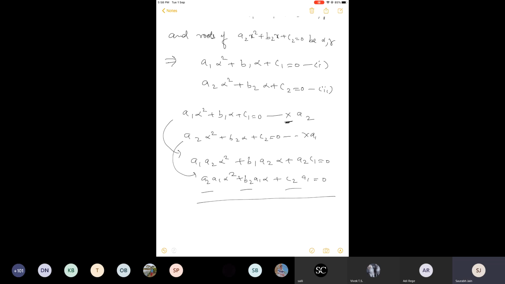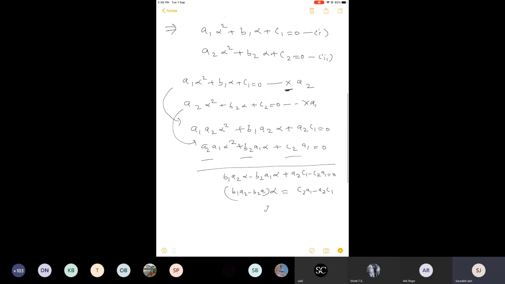After subtracting, the first terms of both the equations will cancel each other, and I will get b1 a2 alpha minus b2 a1 alpha plus a2 c1 minus c2 a1 equals 0. Now I can take alpha common from here and shift these two terms to the right hand side, and as a result I get alpha.